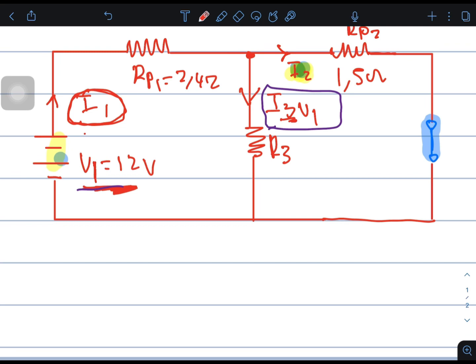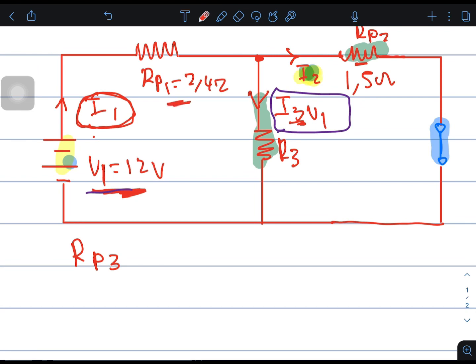So what we're going to do is calculate the R total. We see that this and this are in parallel, so let us first calculate the parallel. Let's say R parallel 3, and the reason I'm saying R parallel 3 is that I don't want us to confuse it with these ones.